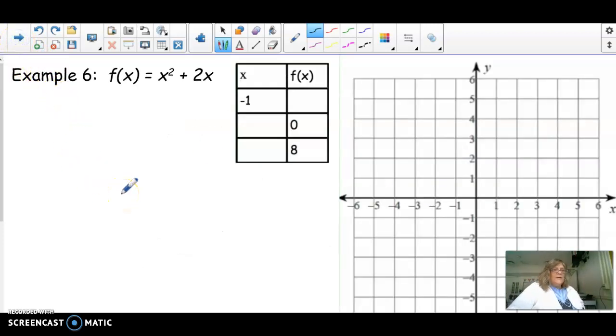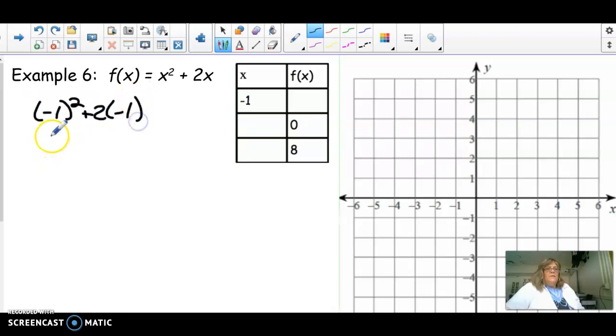For problem number 6, again, we've got this table that we've set up, so we're going to have to fill in our table. So we just plug this in. So we have negative 1 squared plus 2 times negative 1. So this is going to give me 1 minus 2, or negative 1. If I plug in the 0 here, that's going to give me x squared plus 2x.